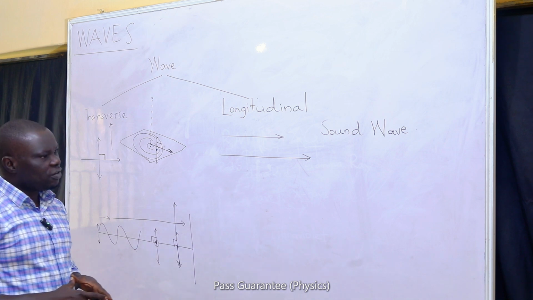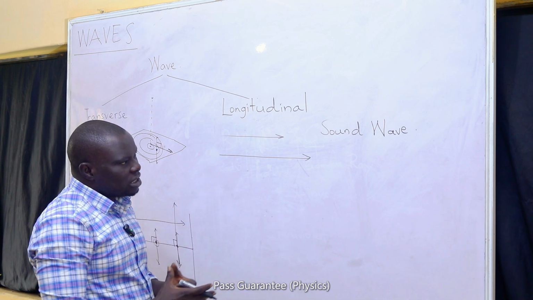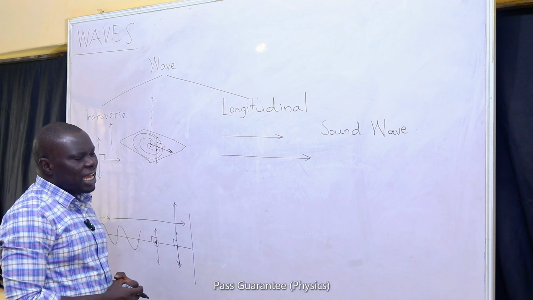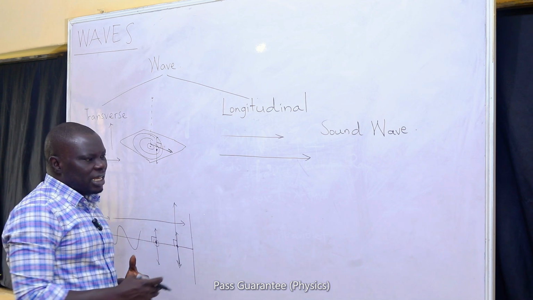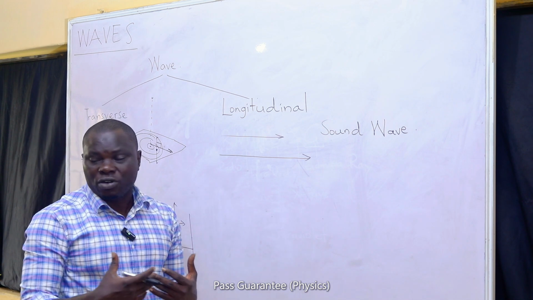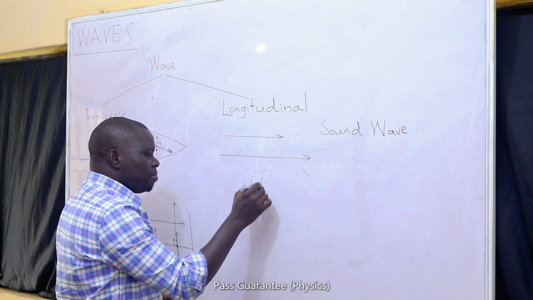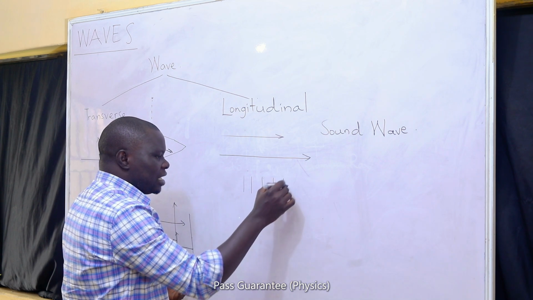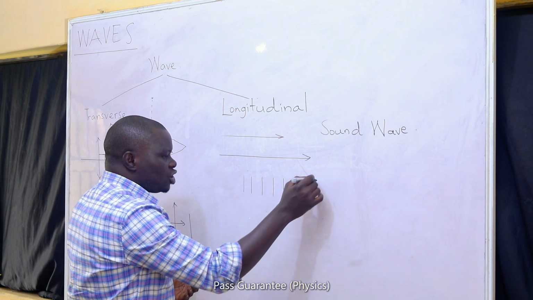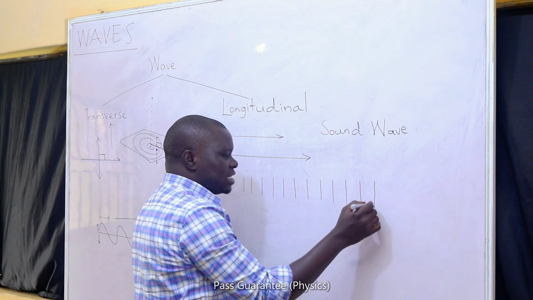Now, longitudinal wave. How can we conceptualize it? How can we try to understand longitudinal wave? We understand that theoretically, if I am to speak into air, just before that happens, we believe that air particles are neatly arranged, equally spaced to each other. Of course, I said theoretically.